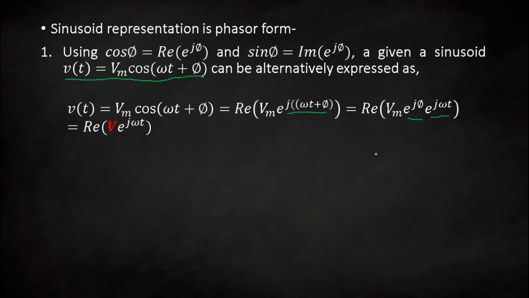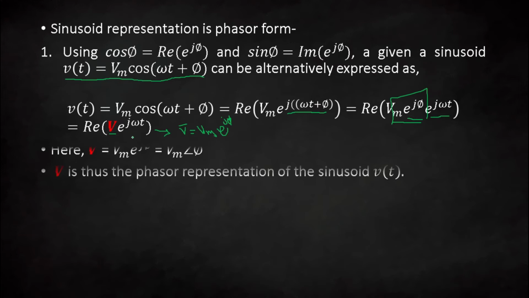Now Vm e raised to j phi combined is known as capital V, the phasor V. In some books you might find it denoted as V bar. This is multiplied by e raised to j omega t.